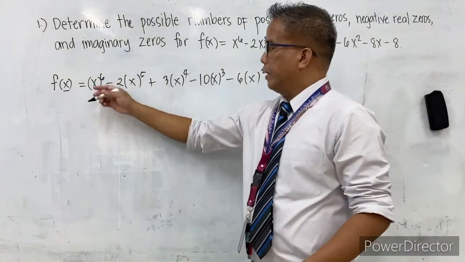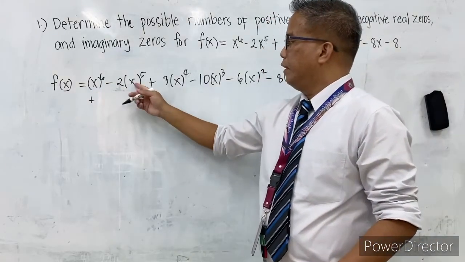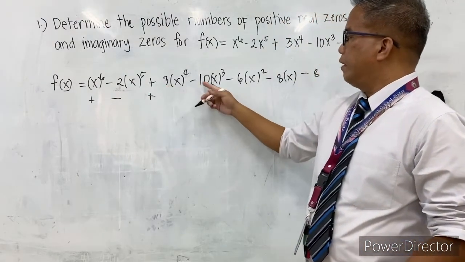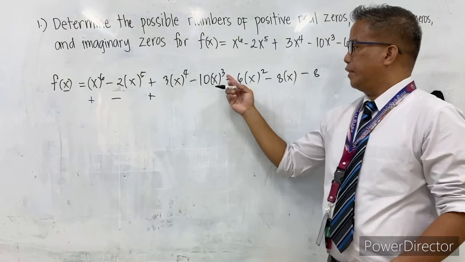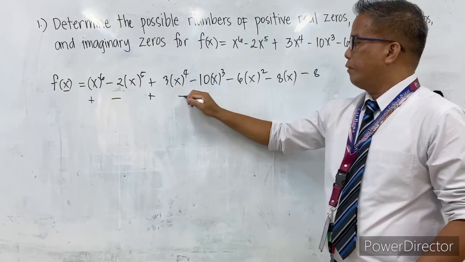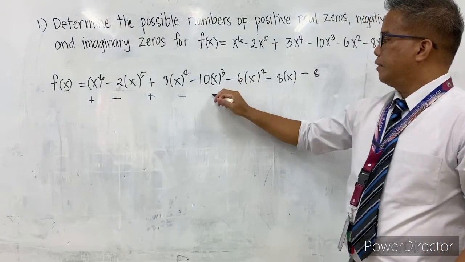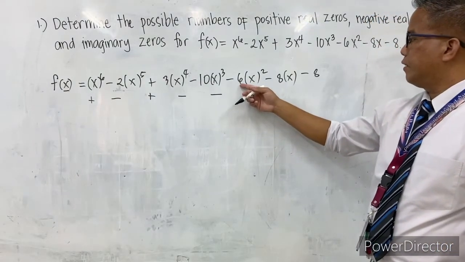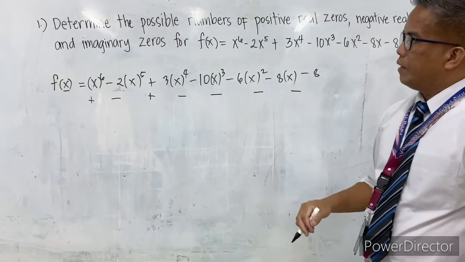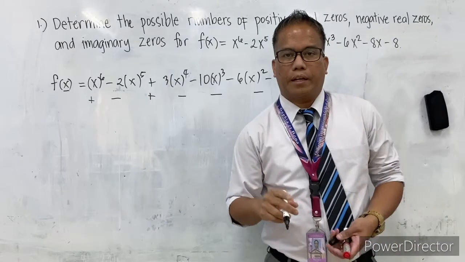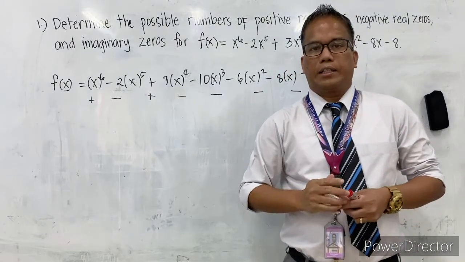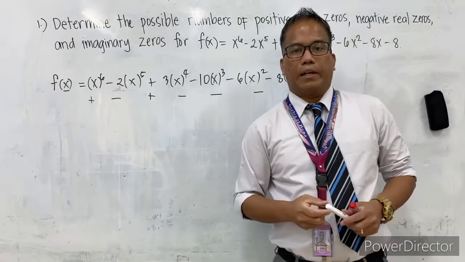Now we will identify the signs of each term. So x raised to 6 is positive here. Same here, we have a negative sign, then a positive sign. Then x raised to the third times negative 10 is also negative. Then the same here, we have a negative sign, and negative also here. Now, the important thing if you use Descartes' rule of signs is to identify the variations.